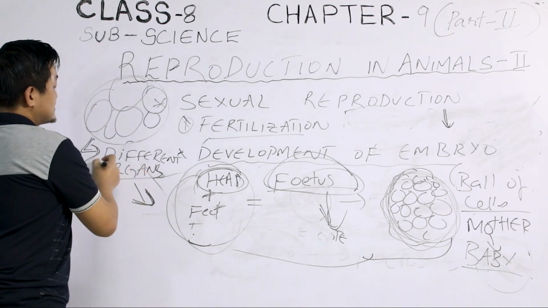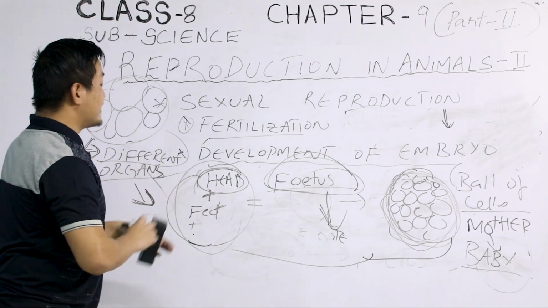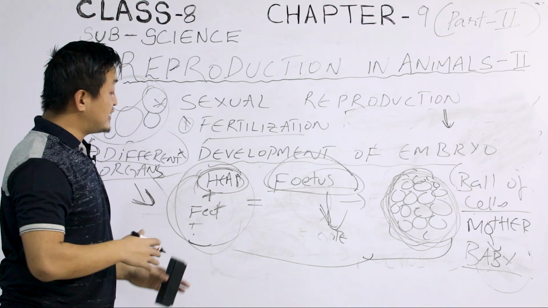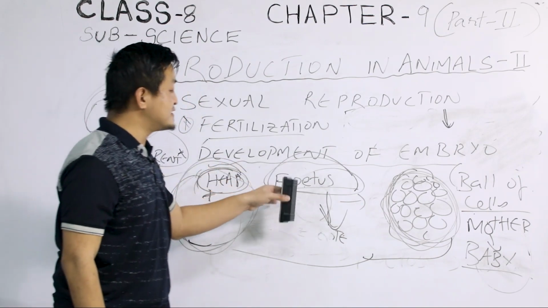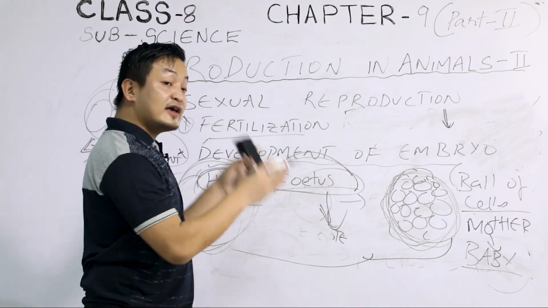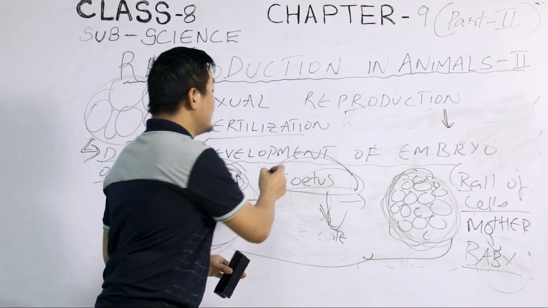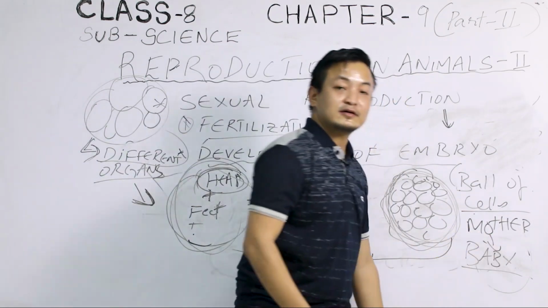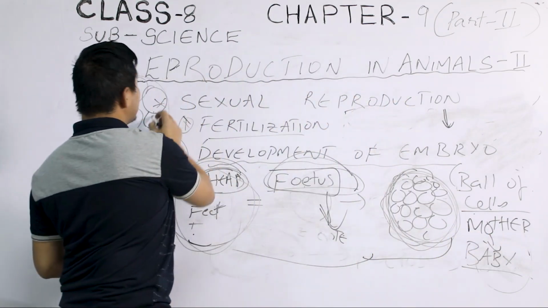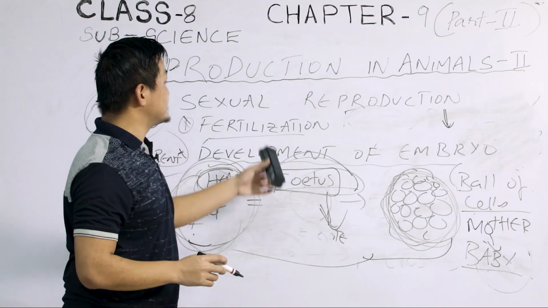So then we'll see a group of cells, and then a tissue, okay? Then we'll see a complete development of all the body parts, and that is known as fetus. And when the exact completion of the fetus takes place, the mother gives birth to a baby. Okay, so that is all about sexual reproduction in human beings.